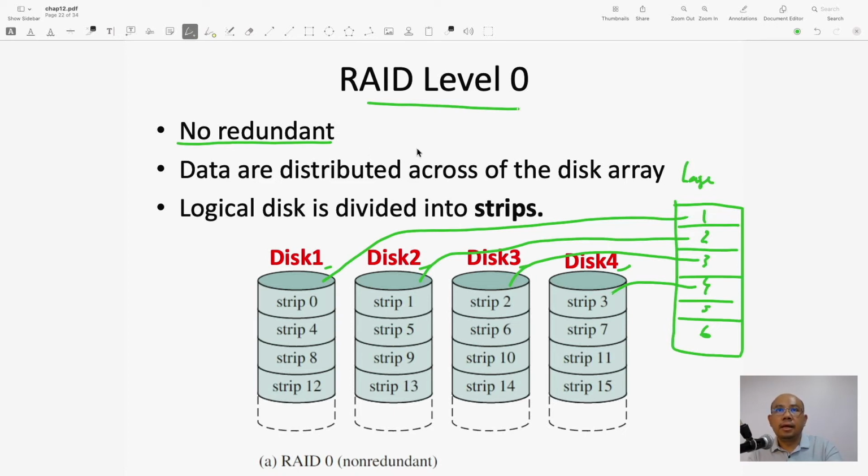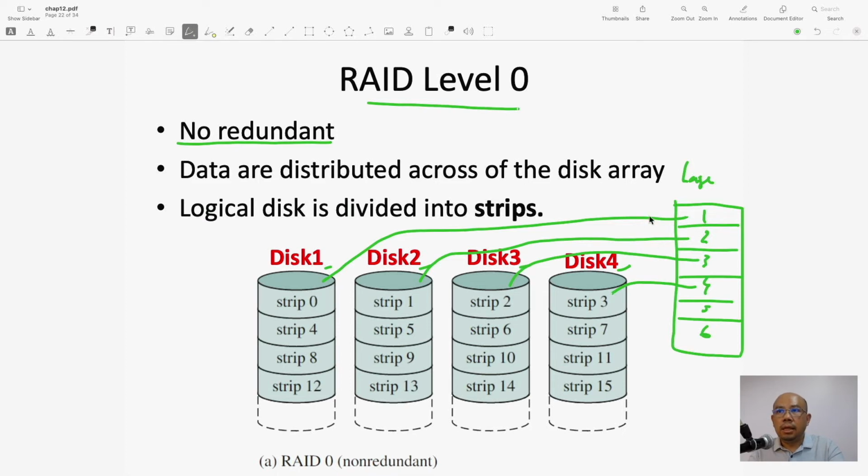But the advantage of RAID level 0 is the speed of reading and writing. Here your data is split into 6 parts to write to the 4 hard disks.